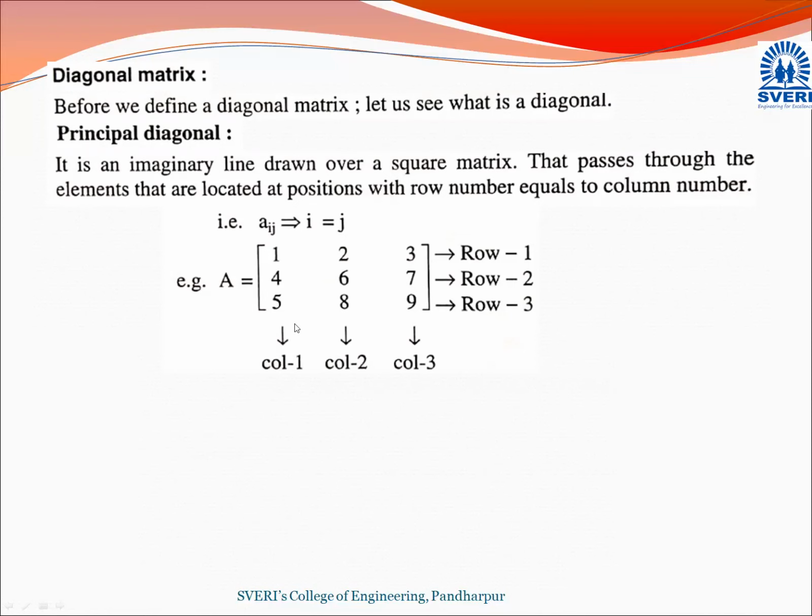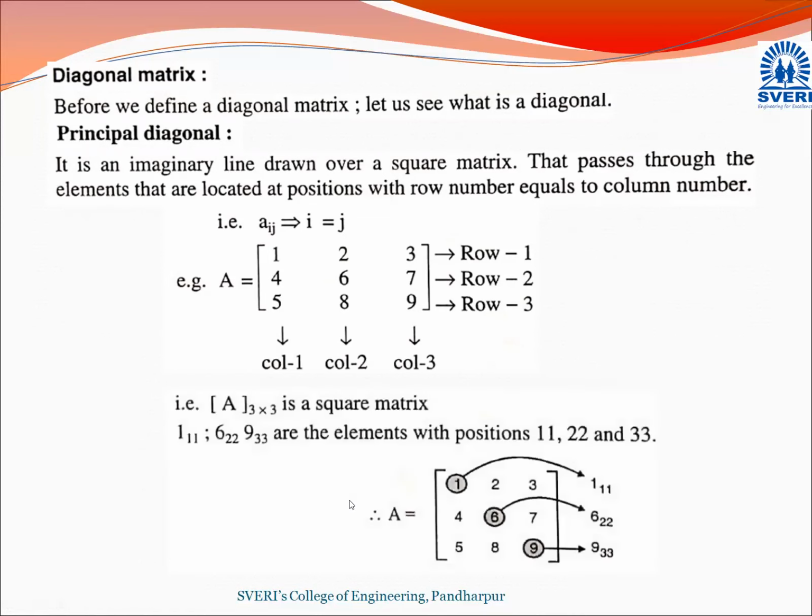Just take a quick look at this matrix: 1, 2, 3, 4, 4, 6, 7, 5, 8, 9. There are 3 rows and 3 columns. Now, in this given matrix, what are the diagonal elements? 1, 6, 9, these are the diagonal elements. Isn't it?